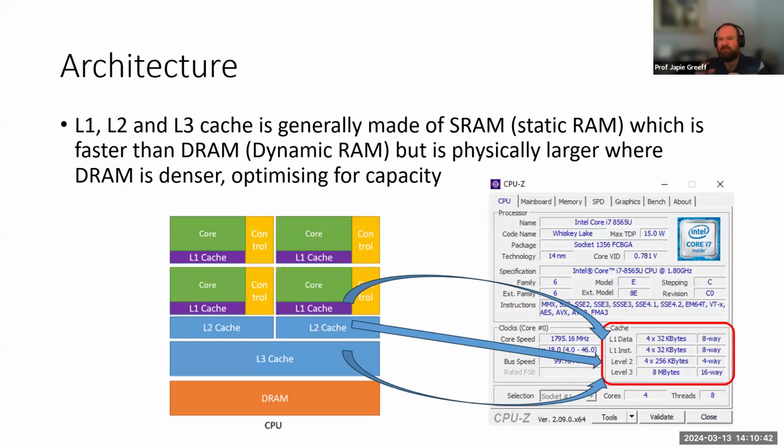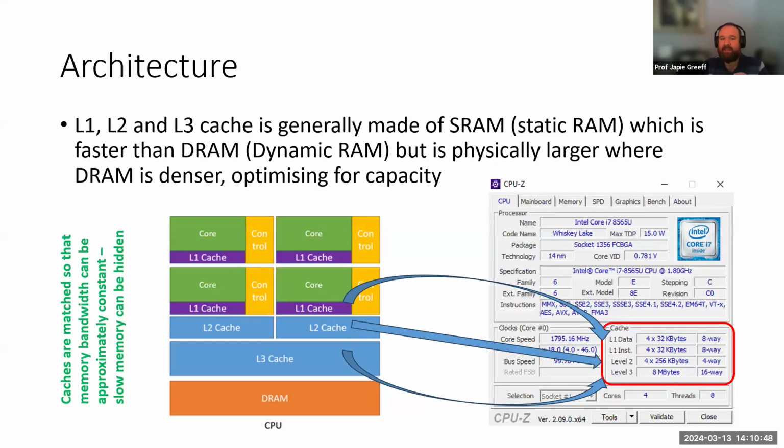So it is optimized for capacity rather than speed. And the way processors are designed, these caches are designed in very intelligent ways, but they're matched in such a way that memory bandwidth can remain fairly constant. So what we mean by memory bandwidth is your ability to fetch instructions and data from the memory of the machine in a constant amount of time.